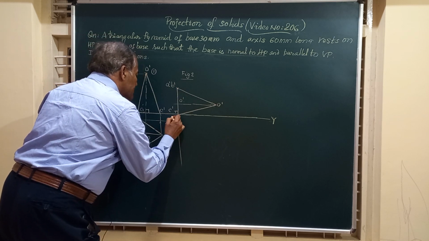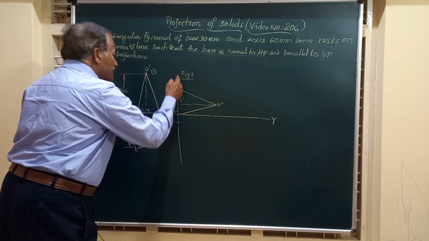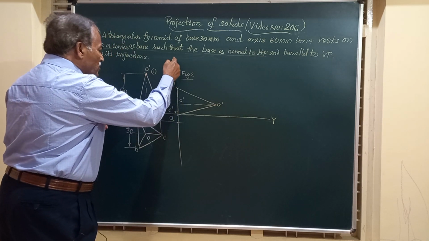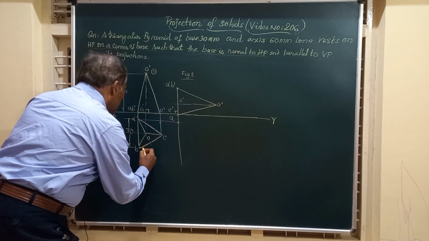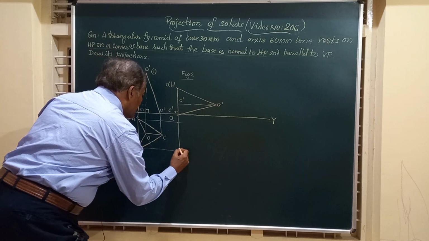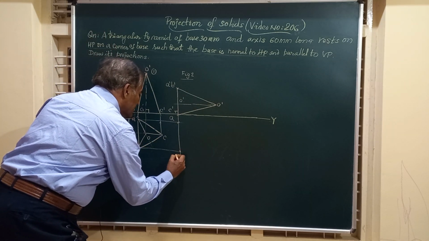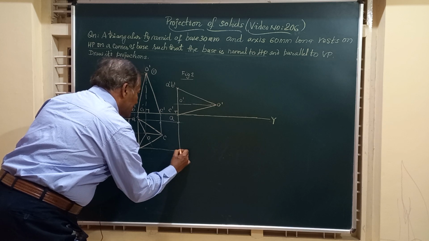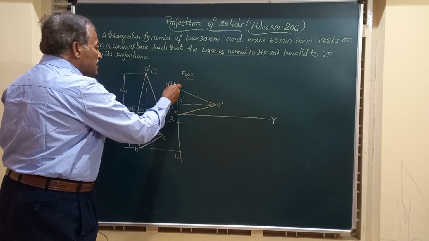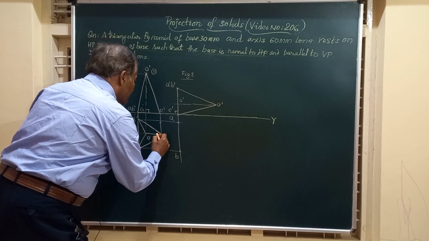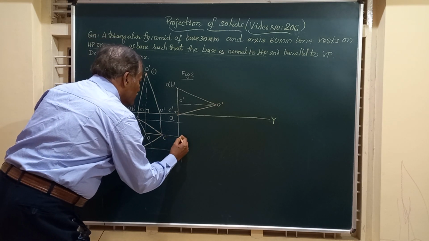The point of intersection will give you a. Likewise, b dash, vertical from b dash, a horizontal from b. The point where those two intersect is the point b. Finally, c, vertical line from c, the horizontal from here. The point where those two intersect is point c.